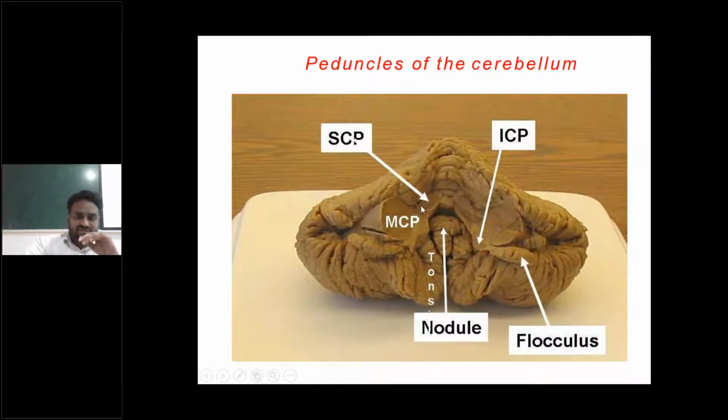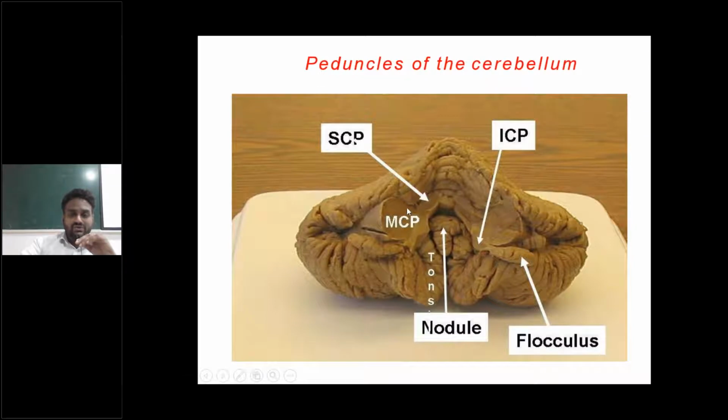Then what is your observation here? If you see the sizes of the three cerebellar peduncles, the middle cerebellar peduncle is much bigger than the remaining two. Also notice the position. The MCP is present in the ventral aspect, and the SCP and ICP are both present in the dorsal aspect, behind the MCP.